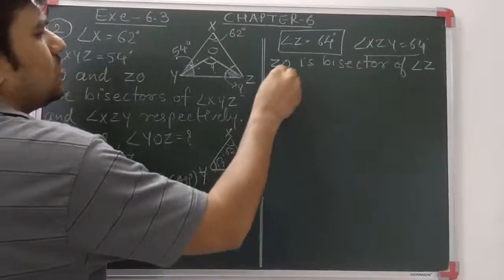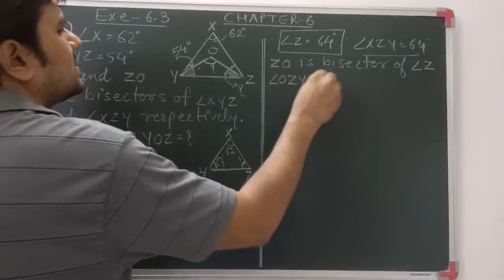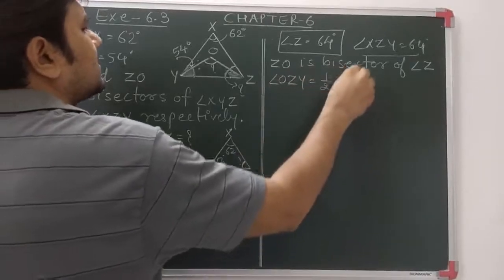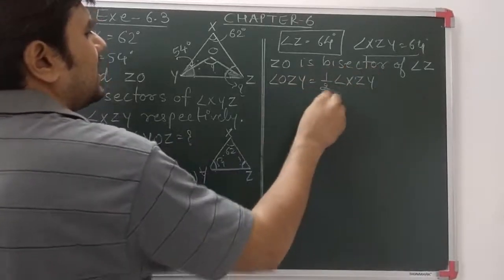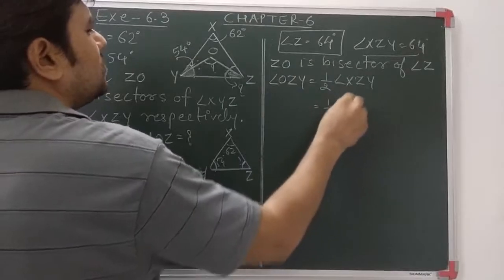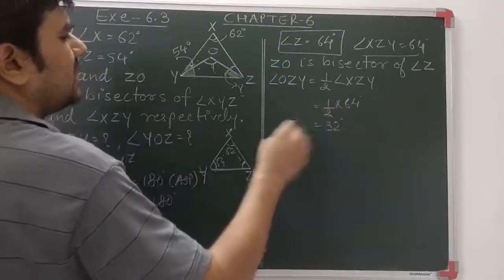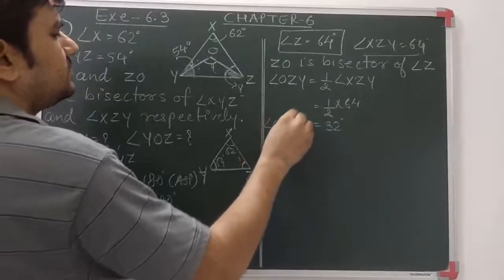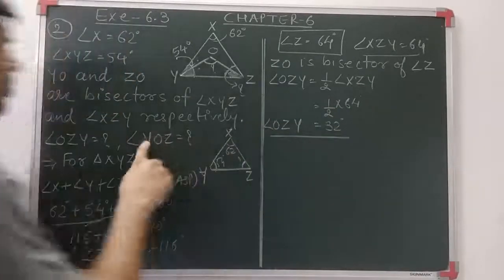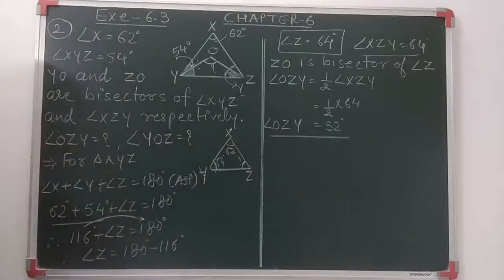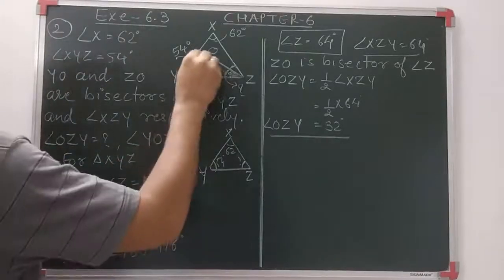So we can say that OZY is half of angle XZY. So angle XZY we have, that is 64, and half of it is 32. So this is one angle which we require, angle OZY.